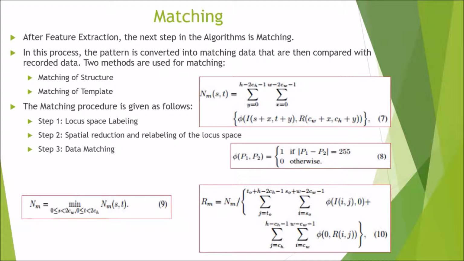Spatial reduction and relabeling of the locus space. To create matching data, spatial reduction and relabeling of the locus space are performed. In order to retain veins as small as about 3 pixels in the image, the locus space is reduced to 1/3 of its original size in both dimensions.